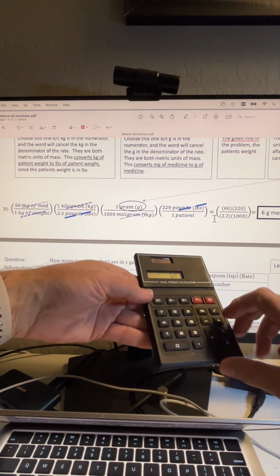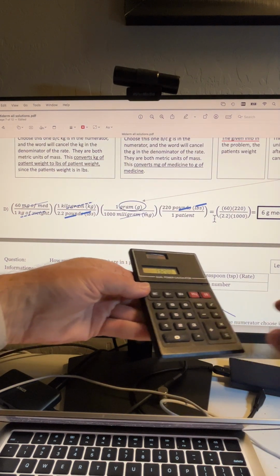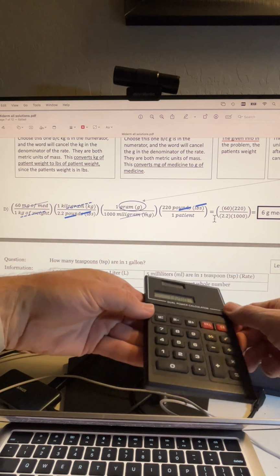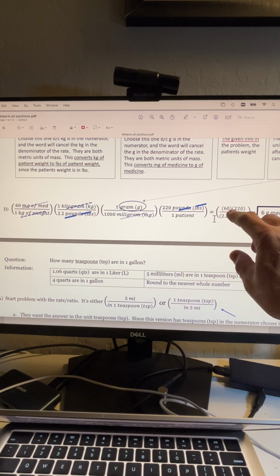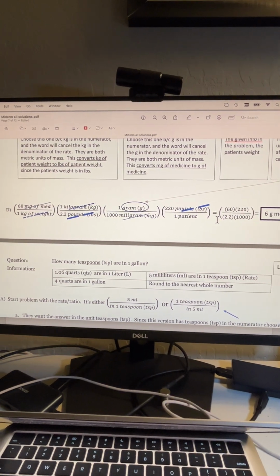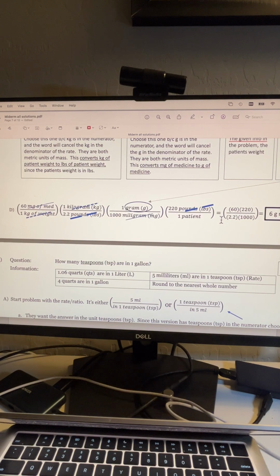I'm doing 60 times 220 equals. It's 13,200. I don't have to write down 13,200. You just press divided by 2.2 equals, and then divided by 1,000 equals, and it's 6.